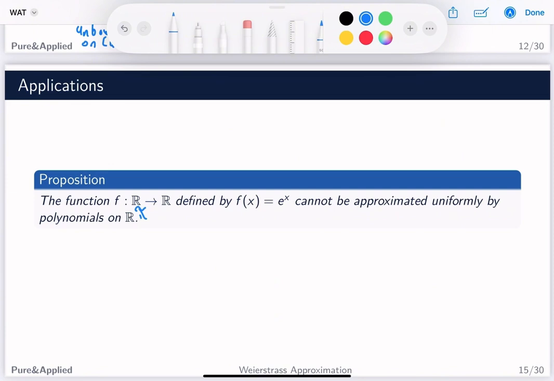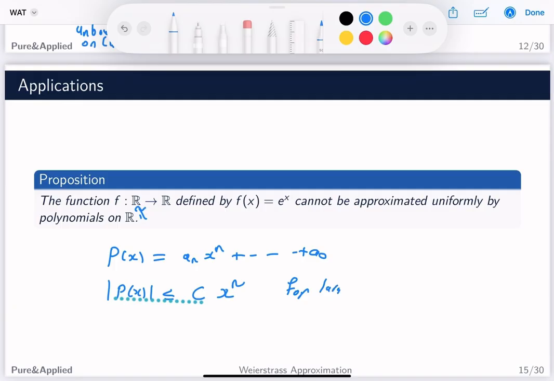Suppose you have a polynomial p of degree n, say. Then p of x could be bounded by something like some constant c times x to the n, because x to the n is the dominating term, for large x.